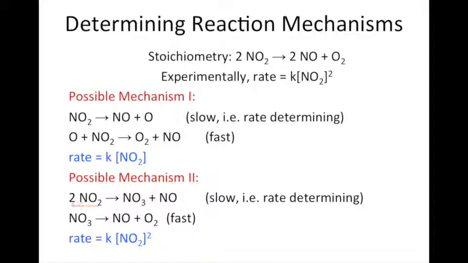Rate equals k times the concentration of NO2 to the second order. Well, that's the same as the rate law that we determined experimentally. So mechanism 1 is not a possible mechanism because the rate law doesn't match. Remember, we can use the stoichiometry to determine the order if we're talking about elementary steps. We can't do that for the overall reaction. So mechanism 2 is most likely correct.